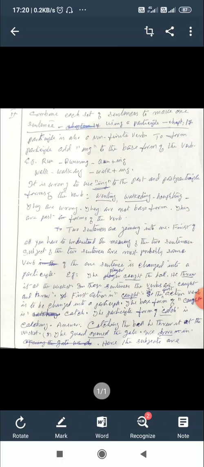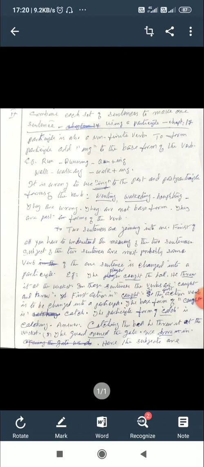We made the first action into a participle, that is catching. The ing form of caught is catching. Catch is the base form, caught is the past tense. Catching the ball, he threw it at the wicket. In those sentences, the verbs are caught and threw.